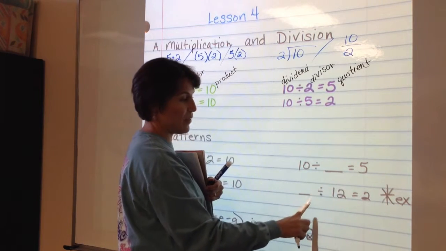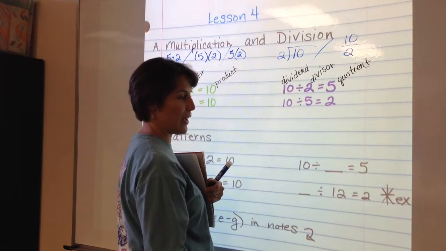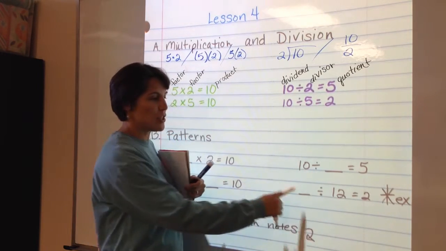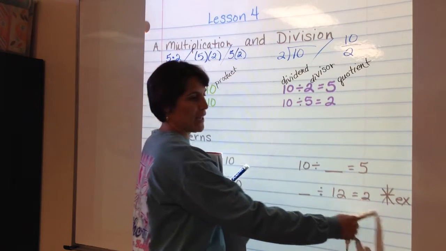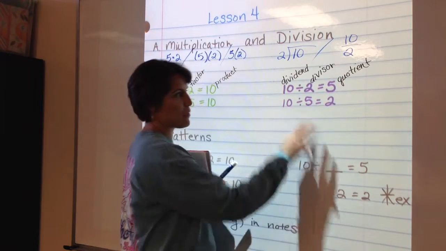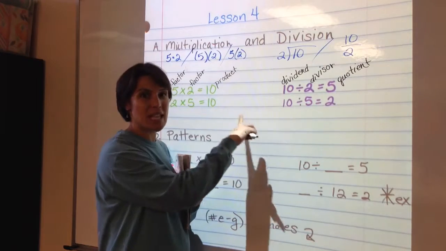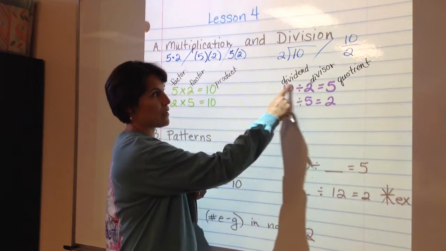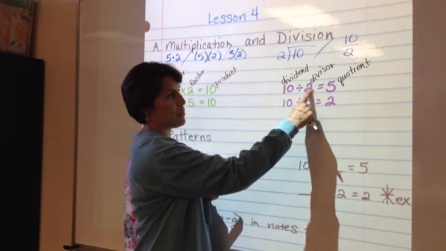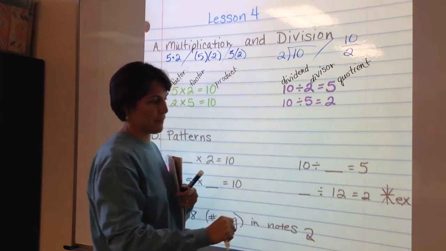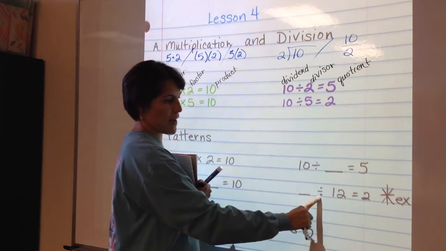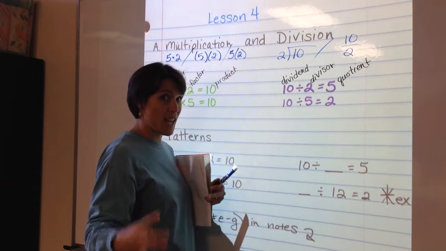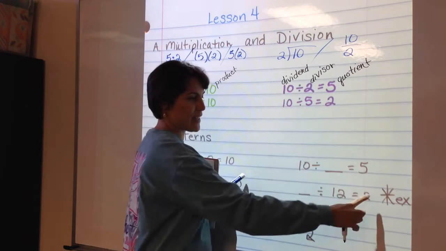But then when you come to this one, let's check out this one. Something divided by 12 will give you 2. This is a new example. These numbers don't match here, but I want you to use these to help you solve. So, if you notice, the bigger numbers divided into parts gives you a smaller number. So, if I'm dividing by 12, this number here is going to have to be pretty big, so I can divide by 12 to get 2.